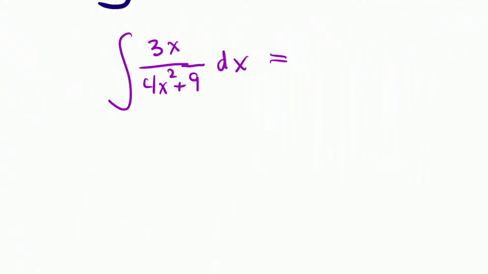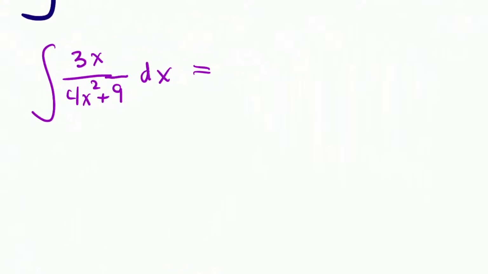So let's go through and see if we can get the substitution. Luke, do you have a substitution you want to do for this? All right, 4x squared plus 9. Very nice. That would work. All right, Rachel P., what's the derivative of 4x squared plus 9? 8x. And then don't forget to tack on a dx because we're doing the derivative. So let's see. I'm going to have to rearrange this a bit.